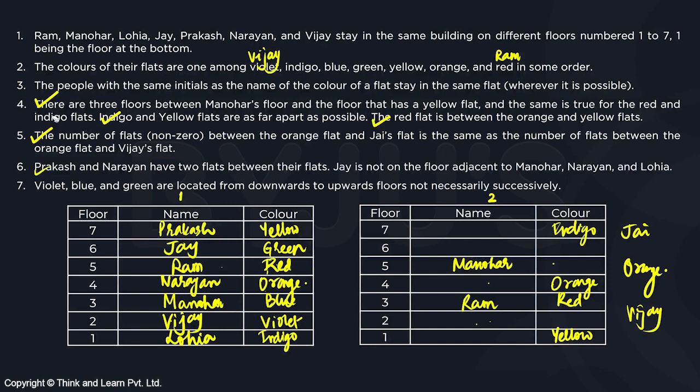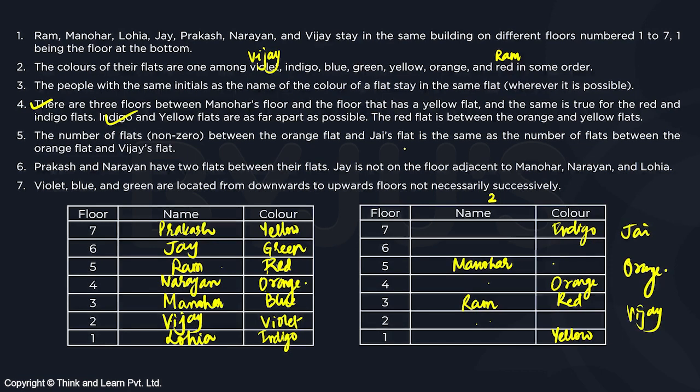Let's do case 2 now. Let's restart. So we have these things filled: indigo, Manohar, orange, red, yellow, Ram is there. Okay. Now we are done with this. Manohar floor and yellow flat 3 floors, red and indigo 3 floors. Because of red we have Ram.